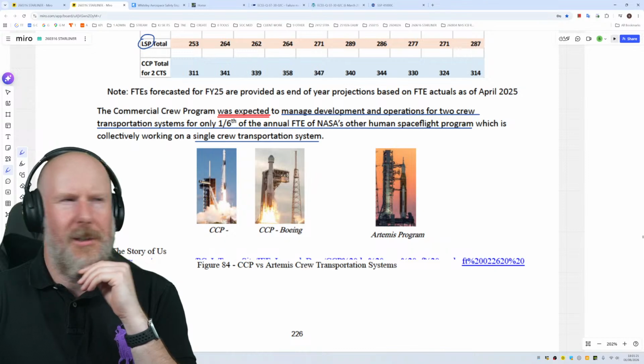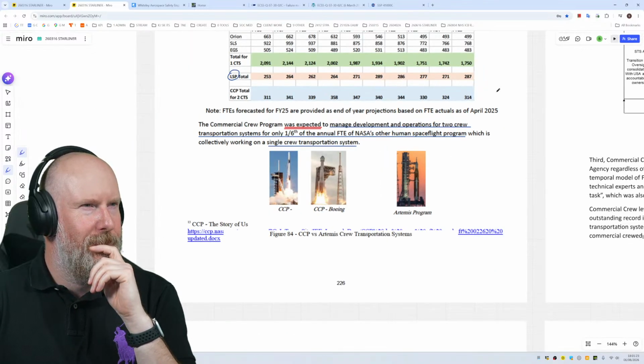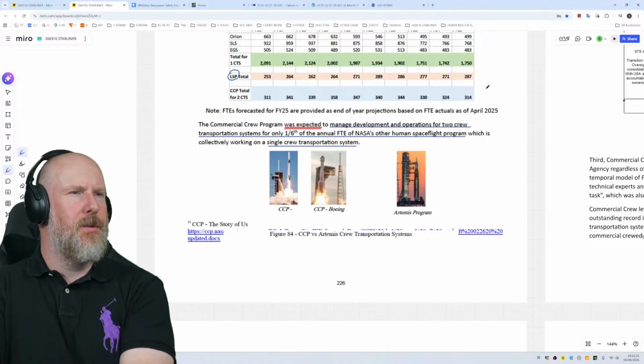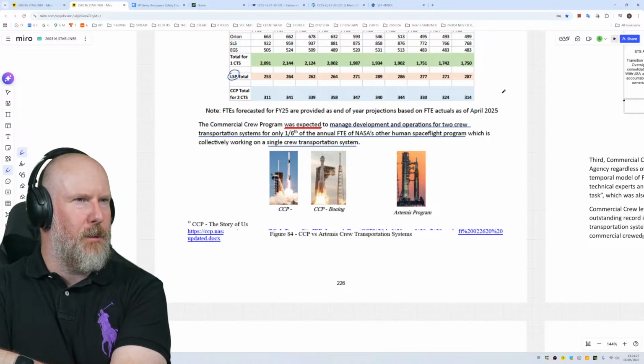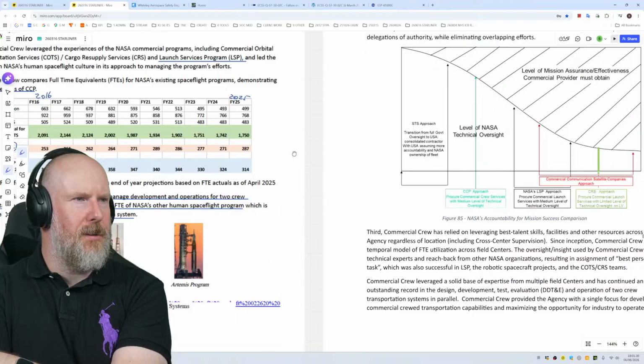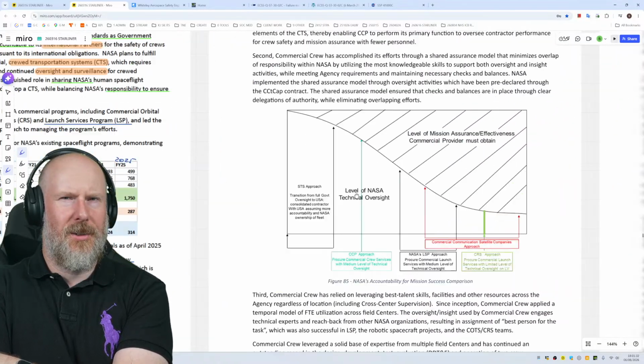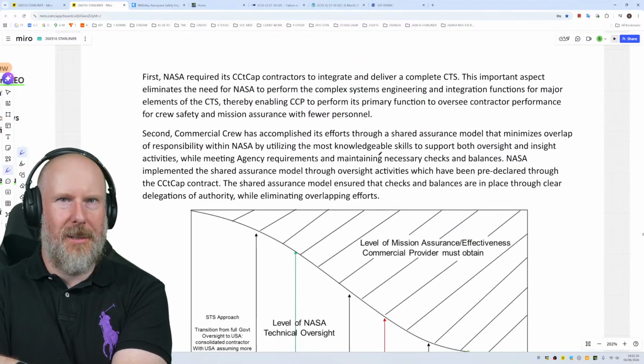The math doesn't seem to be mathing in my brain. How can you do something so challenging with a sixth of the people and do it for 2 systems? It just doesn't seem quite right. Just logically, it doesn't seem quite right.